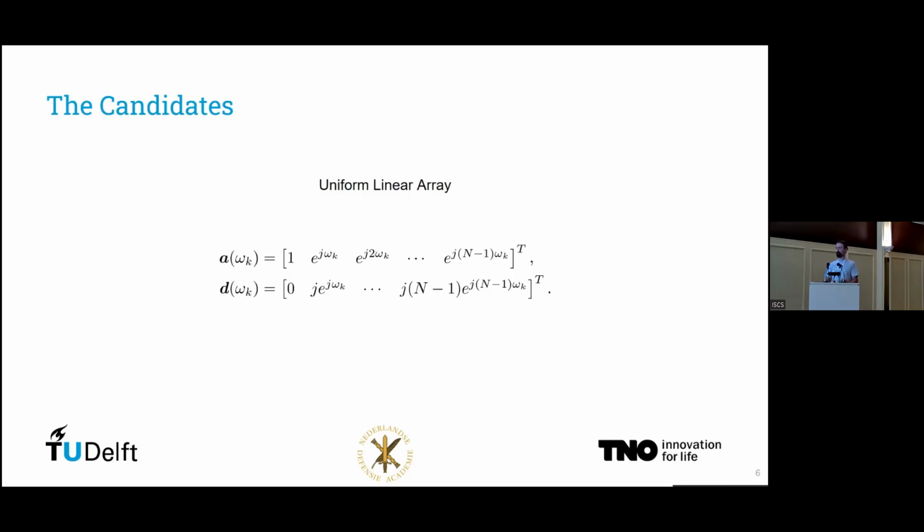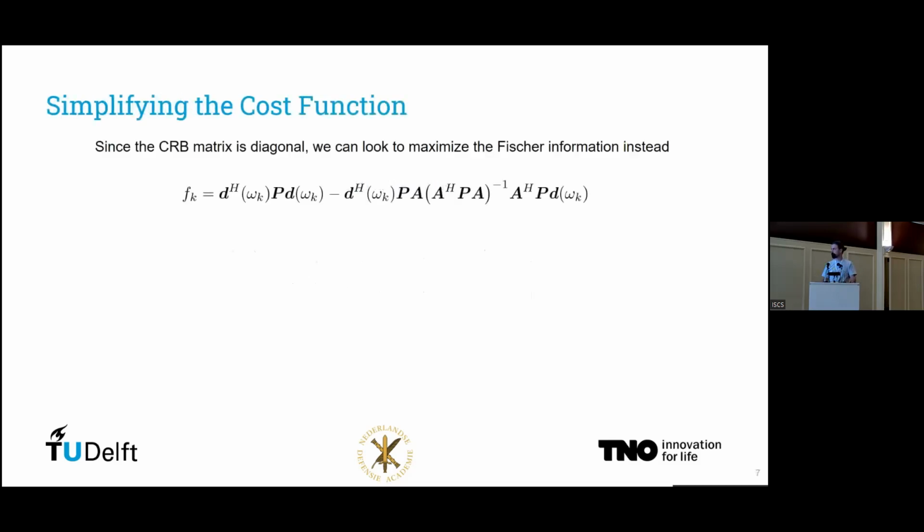Then we can start analyzing the cost function of our problem a little bit, because it's not necessarily the most attractive one to optimize. If we write out the Fisher information matrix elements for one of the targets, for two targets with the selection vector, we notice something with the uniform linear array candidate: we can do certain substitutions.